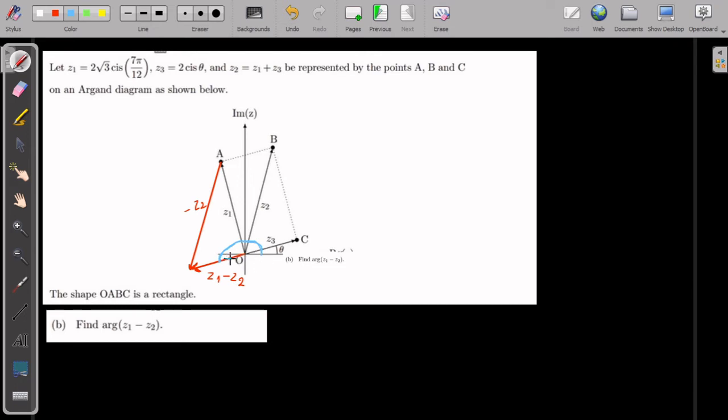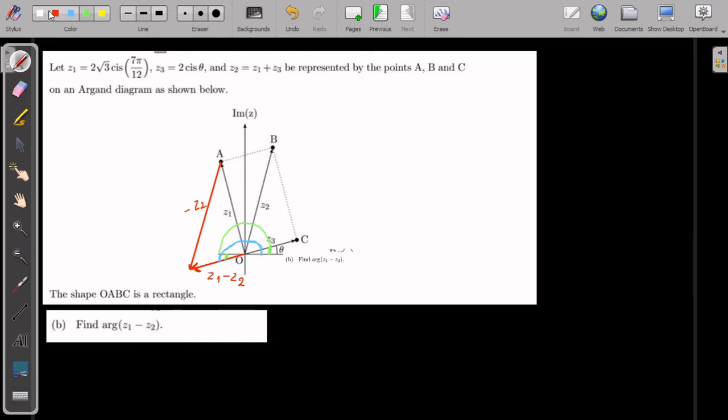As you can see now, this argument is the whole straight line, pi, plus this small angle, which happens to be the same angle as the argument of Z3. These are opposite sides.